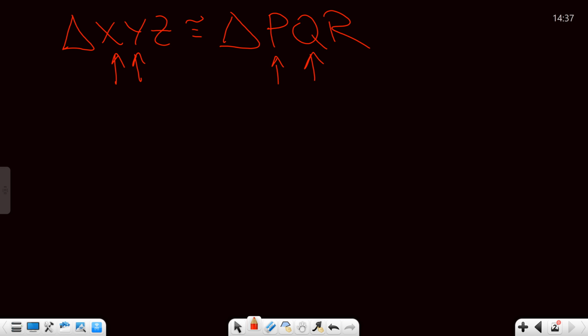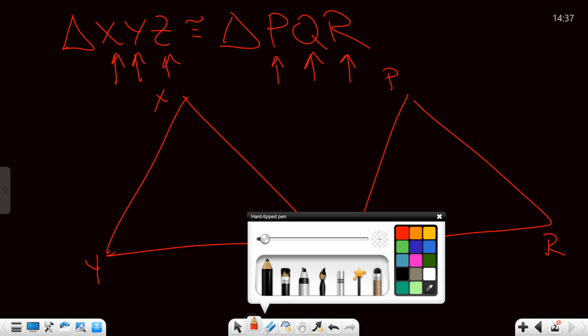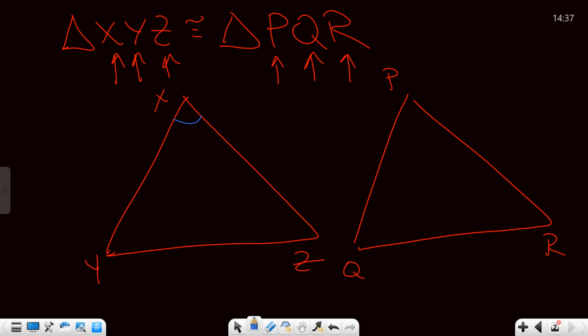Q. And Z would correspond to R. In other words, we have X, Y, Z, and P, Q, R. So therefore, X would go to P, Y would go to Q, and Z would go to R.